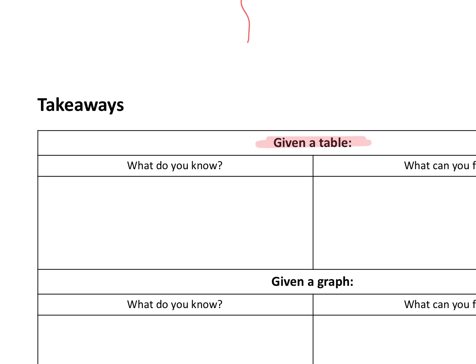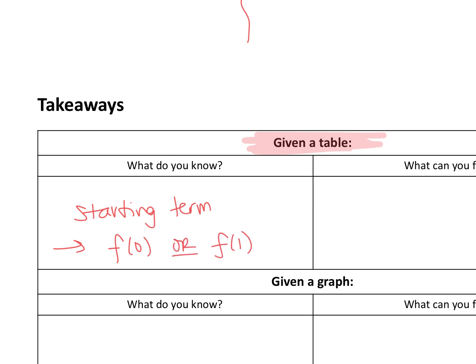If they give you a table, right away you can see our starting term, and that could be f of 0 or f of 1. What can we pretty easily find out? We can pretty easily find out the pattern, whether it's the common difference or the common ratio. We could pretty easily graph it because they gave us the table, and we can pretty easily find our equations.